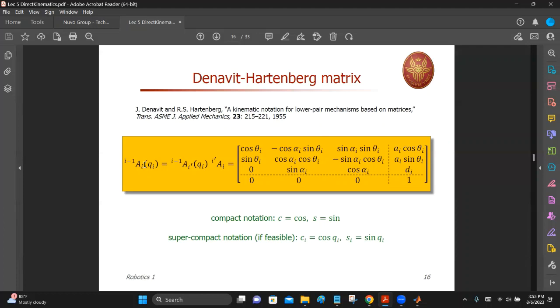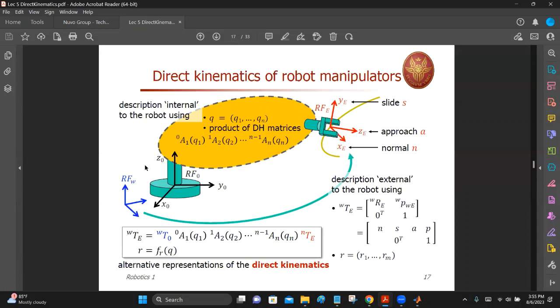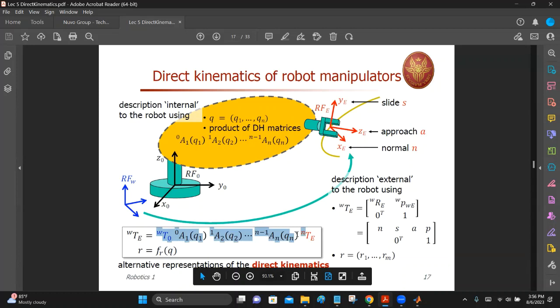Where is my end point? What is the heading of that end point? So here you can see that, right? This series multiplication over here. You can see here 0A1, 1A2.